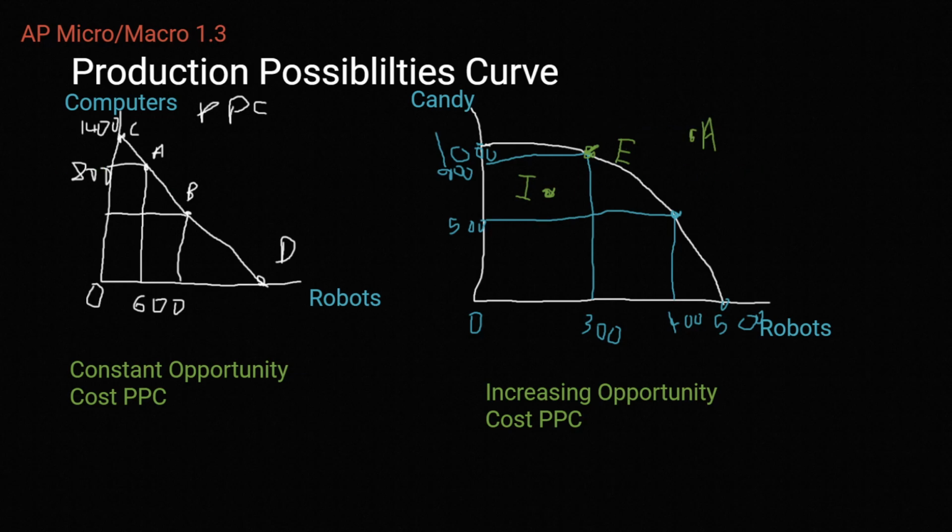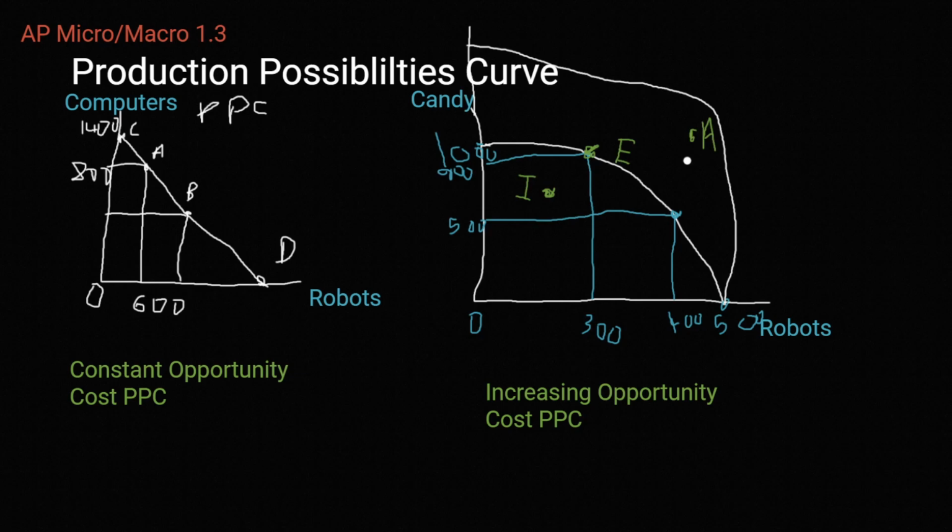But if there was a technology that increased our production of candy and robots, then maybe we could. Or let's say it just increased candy. So it moved all the way up here. And so now our curve would look something like this. Because we can't produce any more robots, but we can produce more candy.